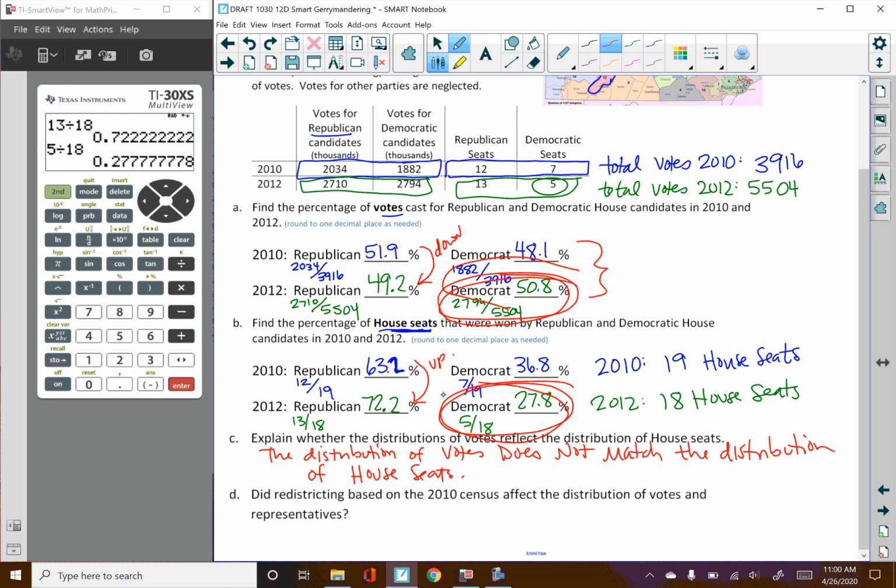Did the redistricting affect the distribution of votes and representatives? Yes, for sure. The distribution of votes didn't change a lot. We're talking about less than a 2% change here, or maybe slightly more than a 2% change, but the distribution of House seats changed a lot.